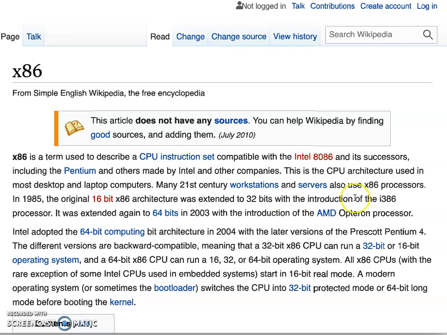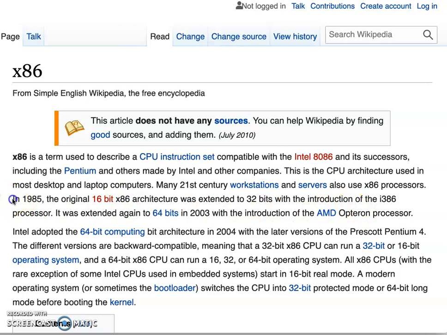That CPU architecture is used for a lot of desktop and laptop computers. For the last 30 years, any computer you used, no matter whether desktop or laptop, of course we are not talking about workstations like the Unix system, just the personal desktop or laptop, all the CPU architecture is x86.